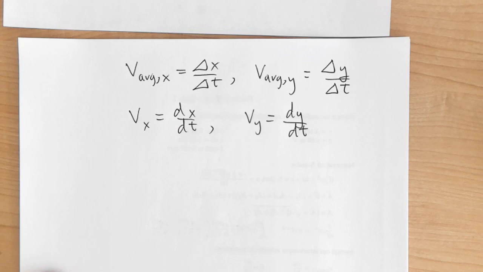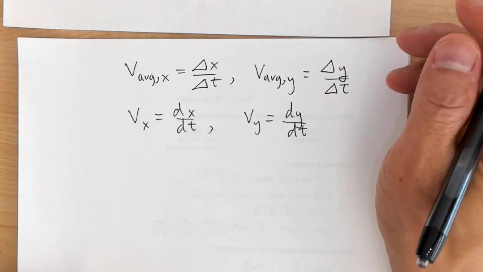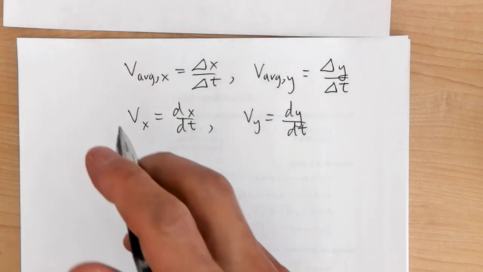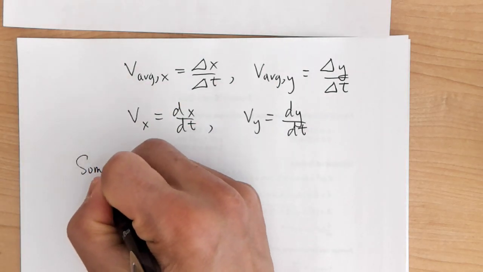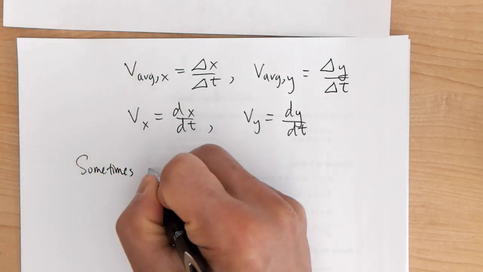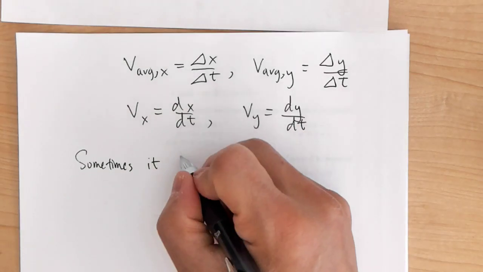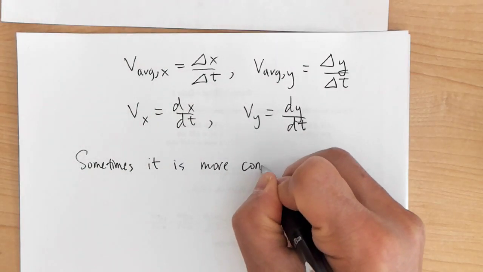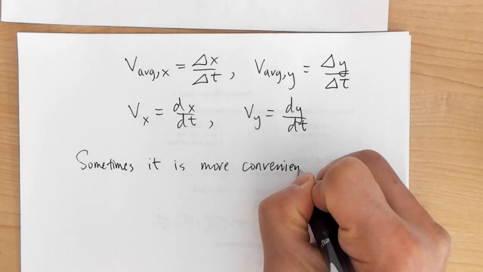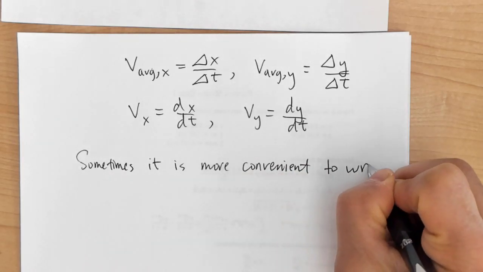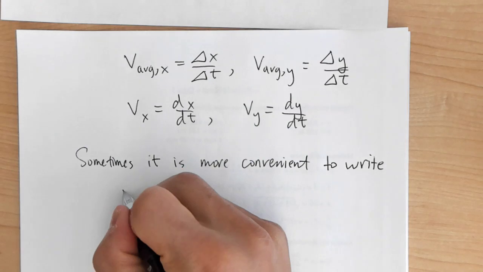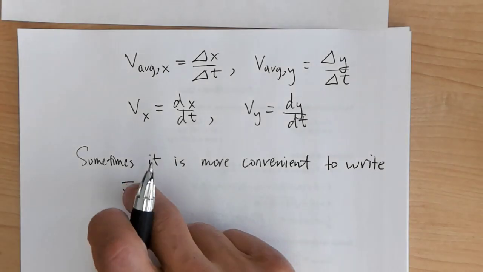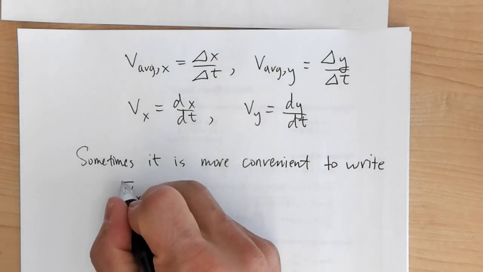Now, in a lot of other contexts, writing these AVGs is kind of annoying. So sometimes it is more convenient to write Vx bar. That's a standard notation. That's not a vector hat. That's just a plain old bar on top.